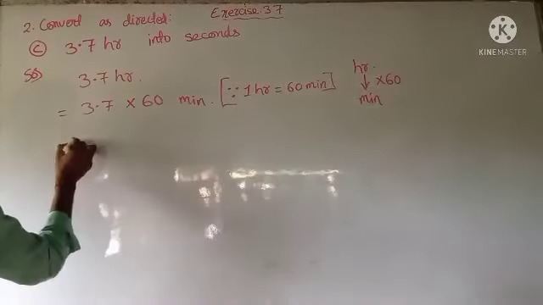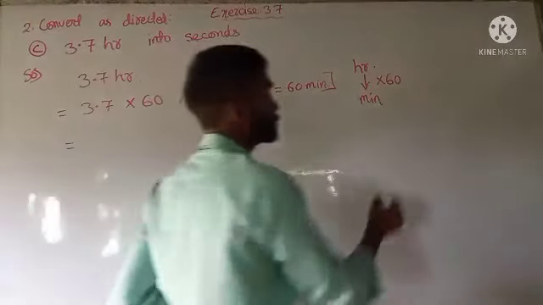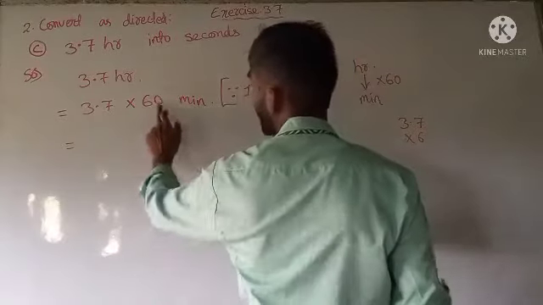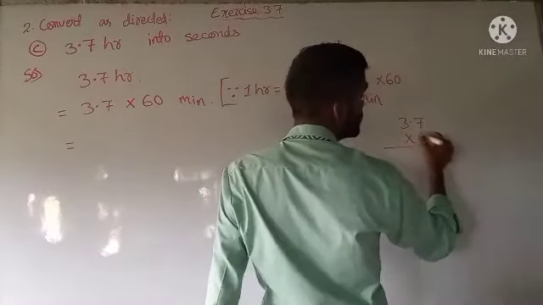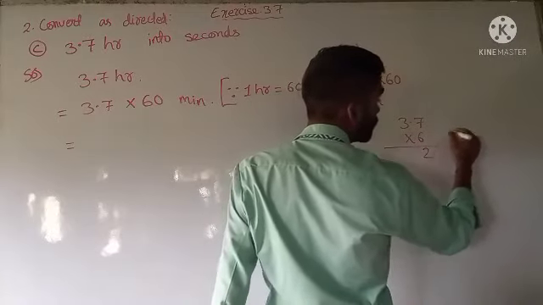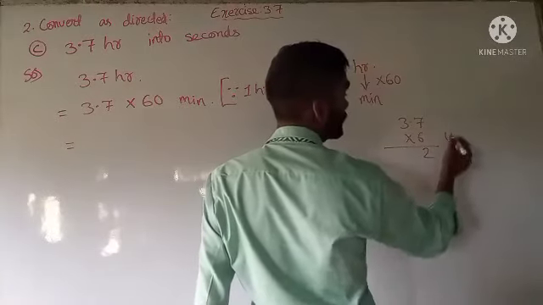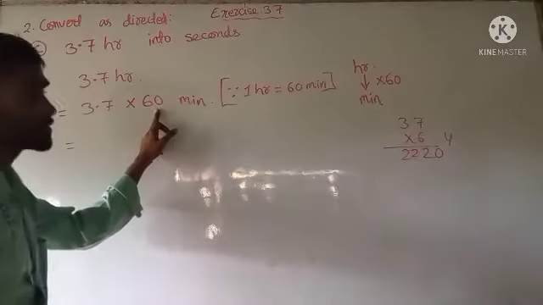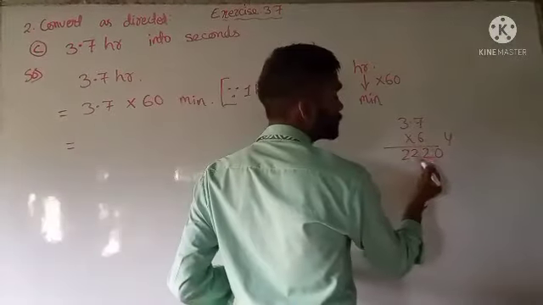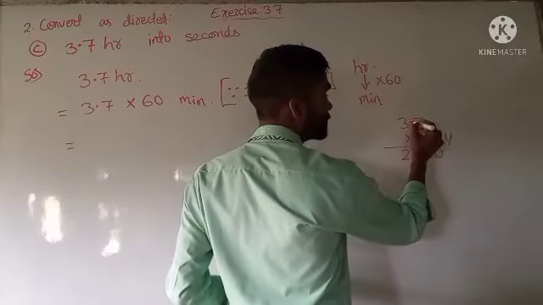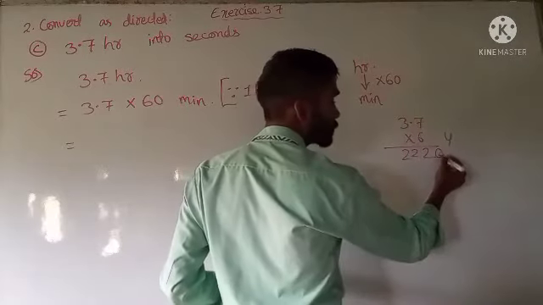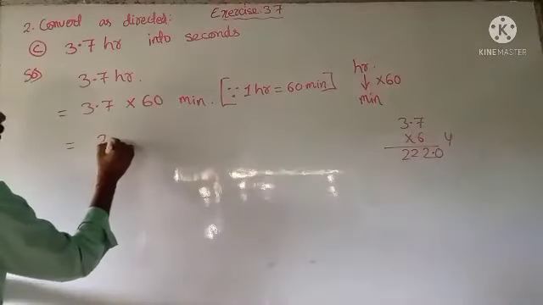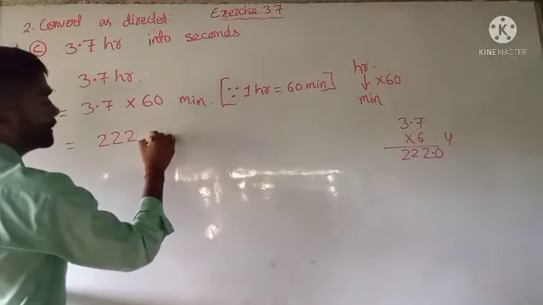Now let us multiply them. That means 3.7 into 6 will multiply, and then we will add 1 zero here. So 6 into 7 it is 42, 4 in hand, 6 3s are 18, 18 plus 4 22, and 1 zero from here. So now we got here 2220. Now here after decimal point we can see one digit is there, so we'll put one point here. So we got our answer, that is 222 minute.